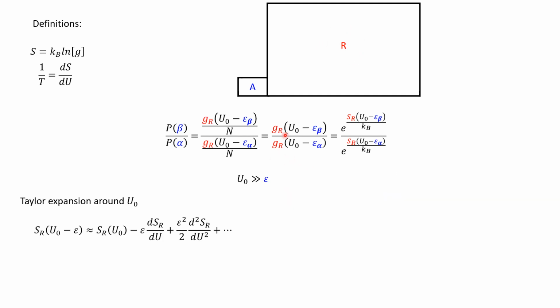Now, if system R is much, much bigger than system A, then it follows that the total energy must be much, much higher than a typical energy of system A. So this physical fact motivates the expansion of the entropy around the total energy, because now this term, which is the energy of system A, will be very small compared to this term.